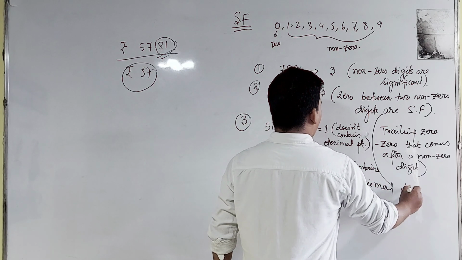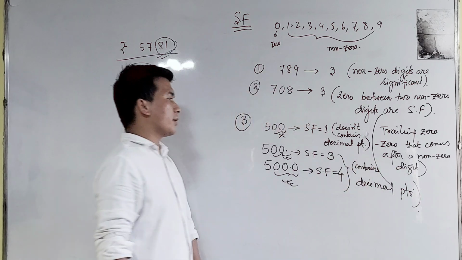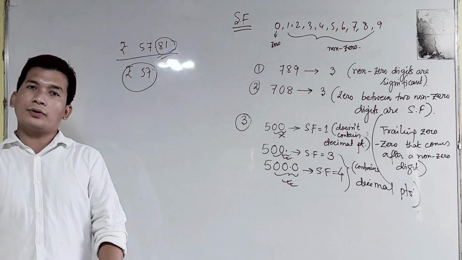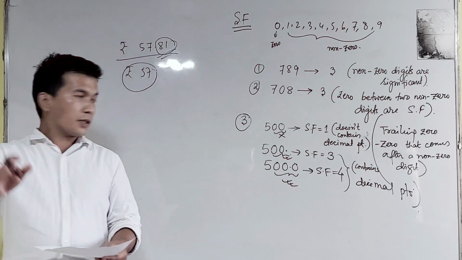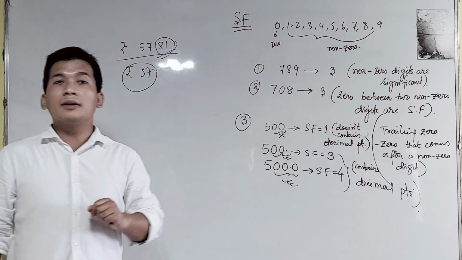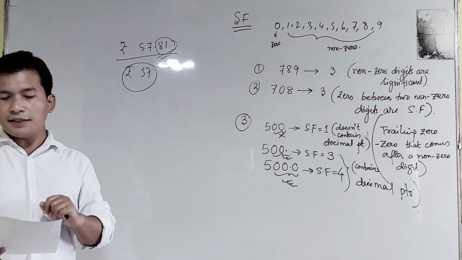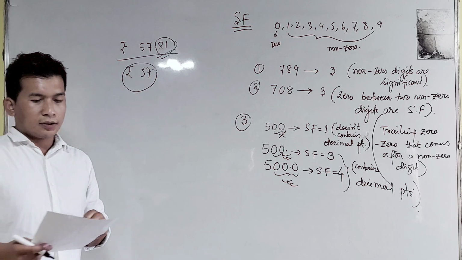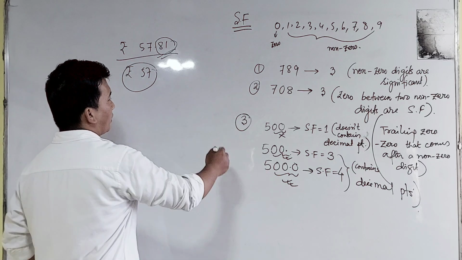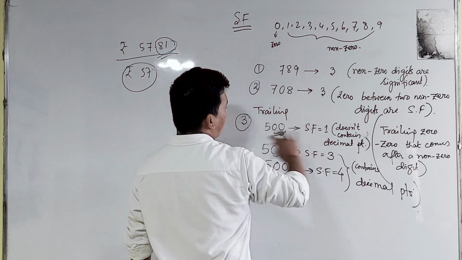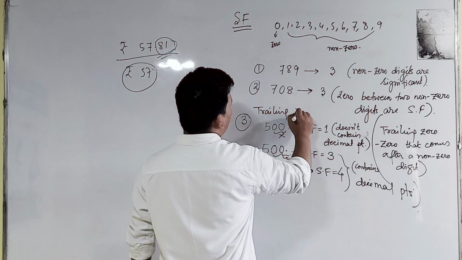That is why we count the trailing zeros. Understood? This is rule number 3, for your trailing zeros, the zeros at the end.